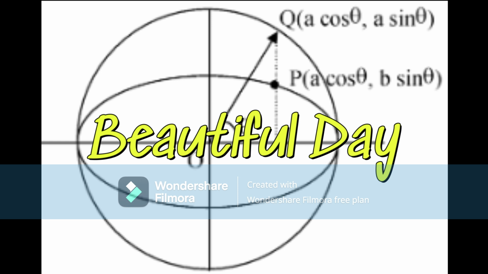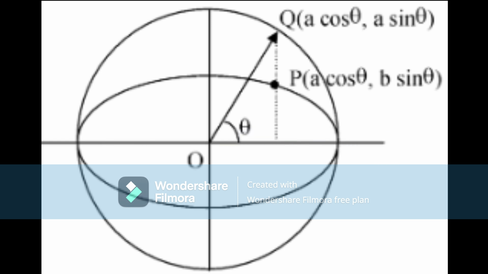But here we know that the x and y coordinates of this ellipse are connected through that equation. But what if I want to represent a point on that ellipse with just a single parameter, to make life easier for me?